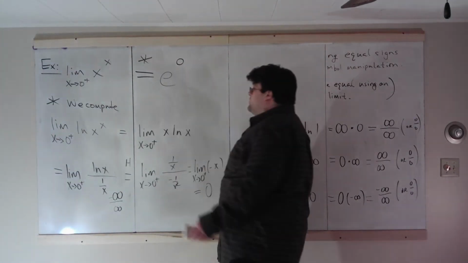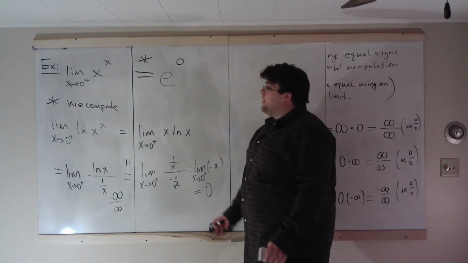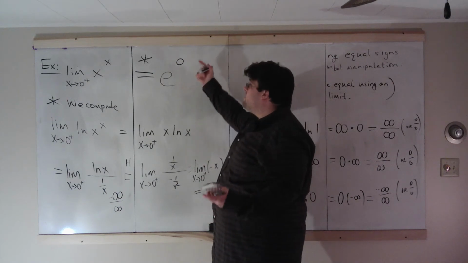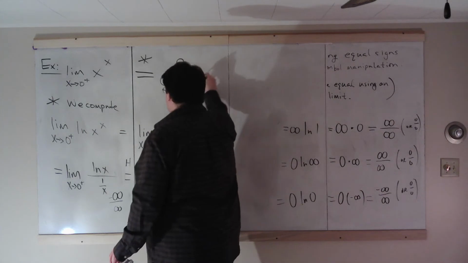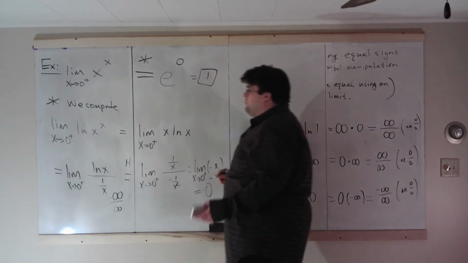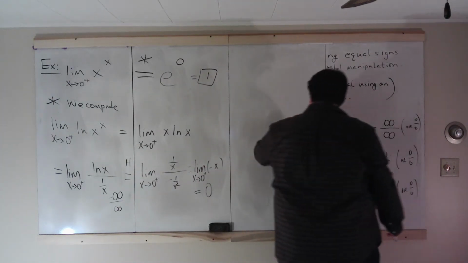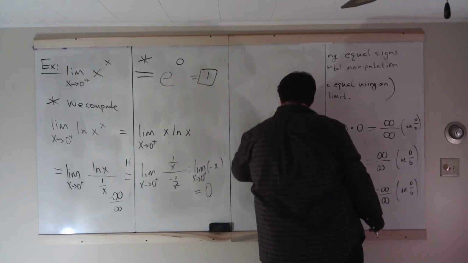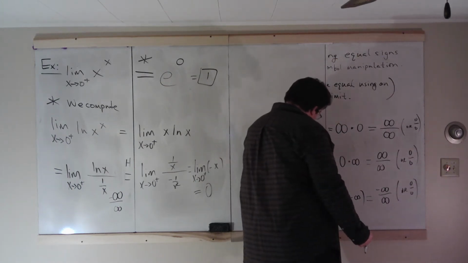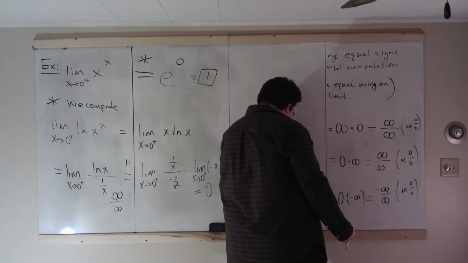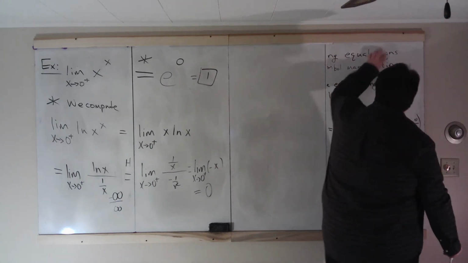I like to write that as side work down here, and that tells us by this side work that this limit is e to the 0, which is 1. So if you throw a logarithm on this, you do have to get rid of the logarithm also.